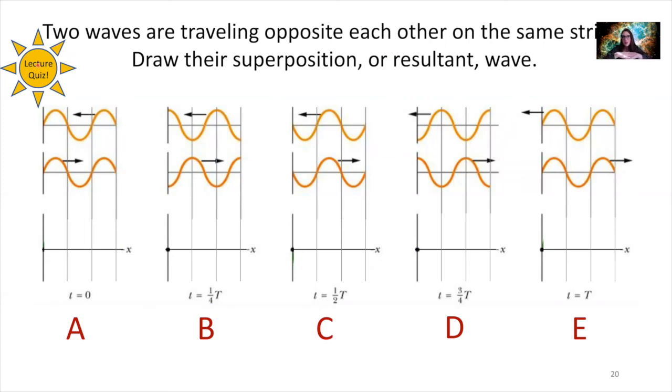And when they encounter each other, we're going to think about the superposition of those waves. Is it constructive interference or destructive interference for these waves, okay? So for waves A, B, C, and D, I want you to think about, if we add those waves together, we add their amplitudes as they're crossing through each other, are you going to get constructive interference or are you going to get destructive interference?